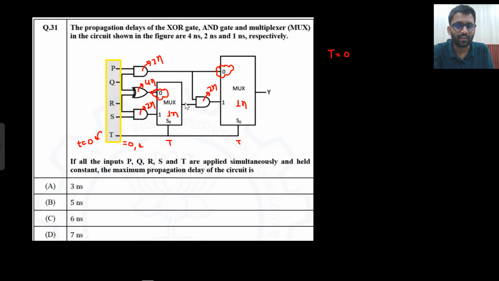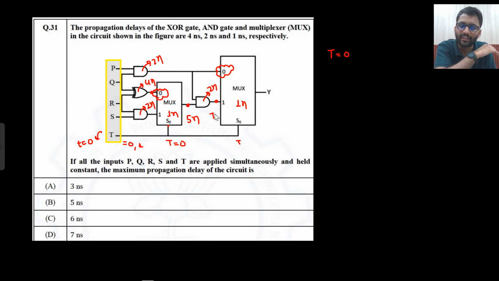Are you getting this point? Look, t is 0. After 4 nanosecond something will come here; before that there is nothing. After 4 nanosecond, Q and R will be XORed and will give you something here. So 4 nanosecond, and the MUX will take 1 nanosecond to give the output. So after 5 nanosecond you will receive some output here.